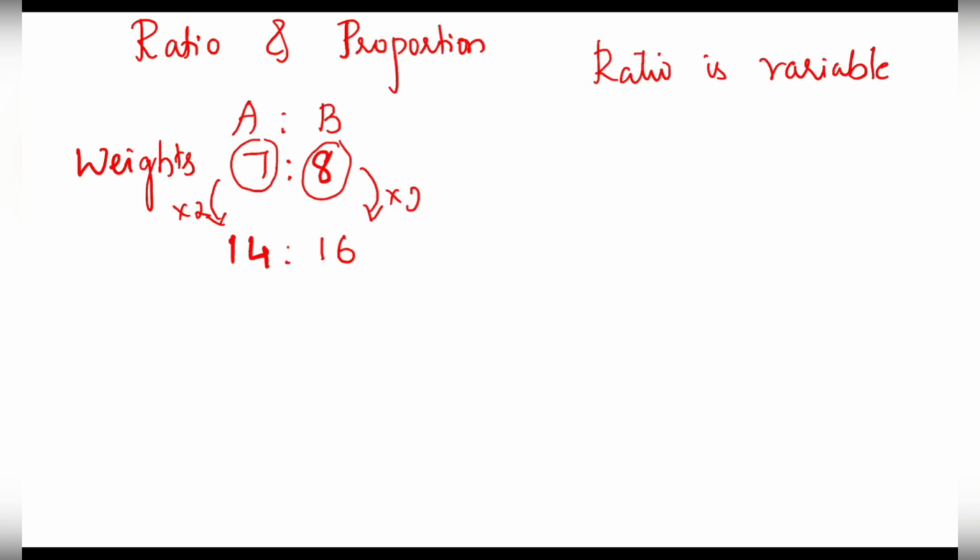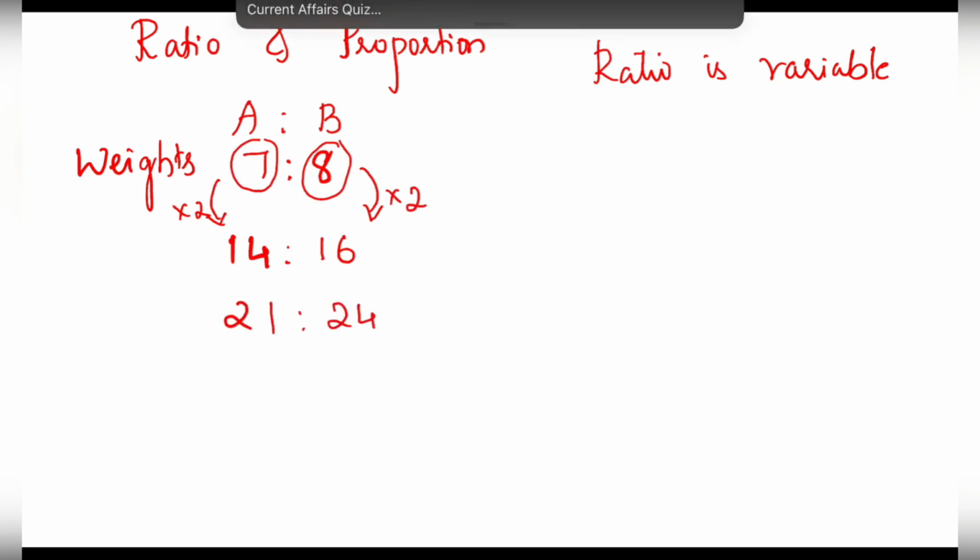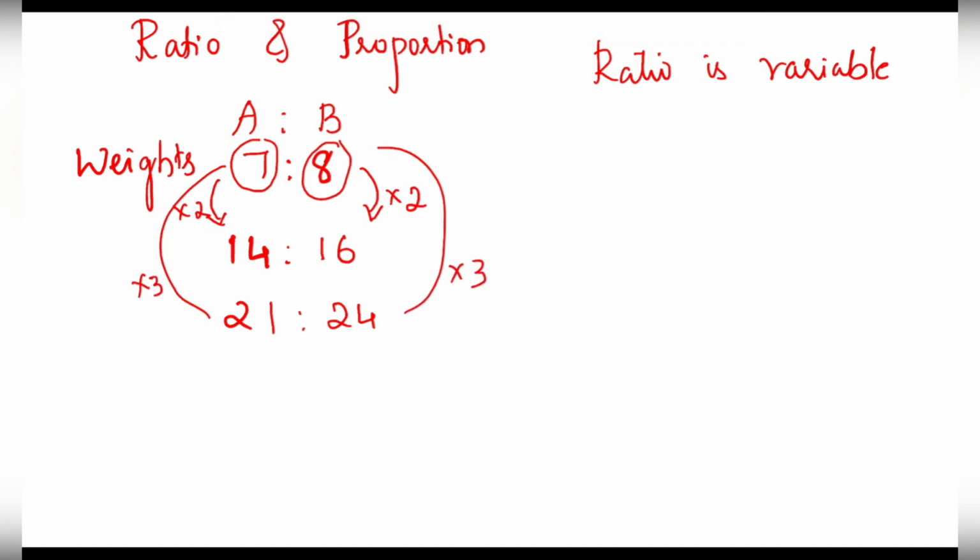If A is changing, then B also has to change with the same amount. Then if I say it is 21 is to 24, then this is into 3 and this is into 3. So this shows that ratio is varying.